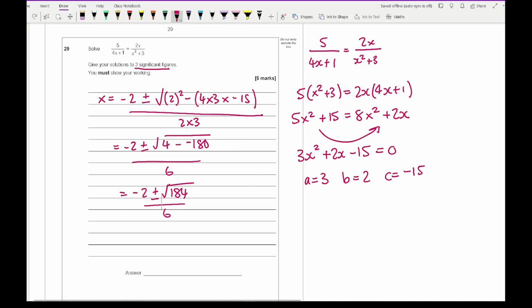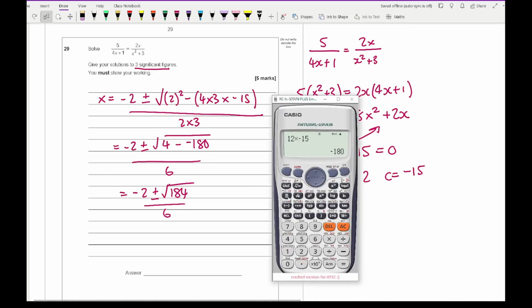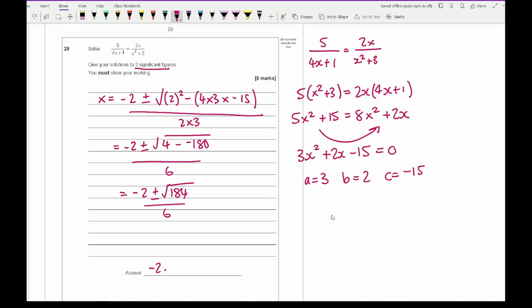So then looking at this, if I type just that, starting off with the minus, I get minus 2 minus root 184 over 6. So one of my answers is minus 2.59.